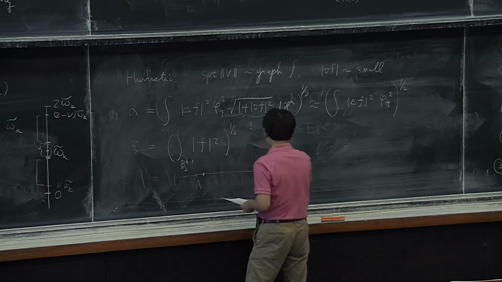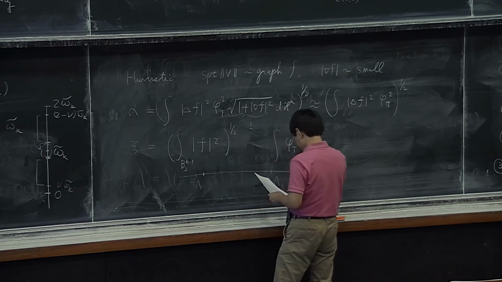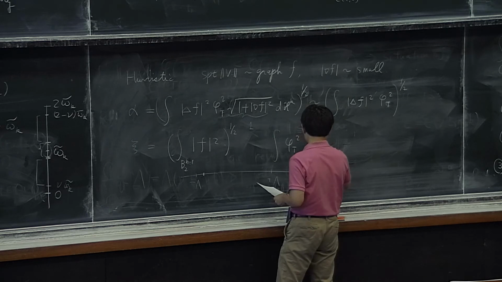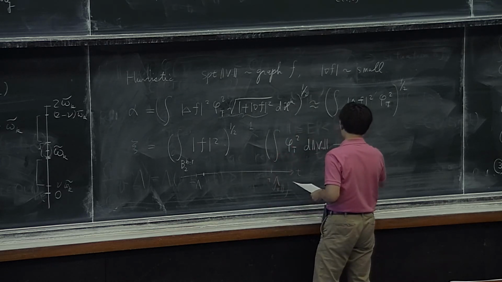Also notice this quantity, phi t squared dV t, minus omega k tilde.